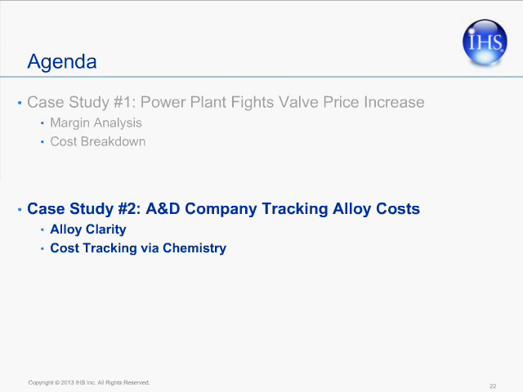And what we're going to show here is some of the ways you can do some cost tracking via chemistry, which is something that our tool, the alloy cost calculator, does off the shelf. It's just a nice way of pulling together all the various cost components of a given alloy to create a custom forecast, just because in many cases it's very difficult to get a hold of actual price data for alloys, just because they are generally fairly small markets compared to something like the overall carbon steel market, which is many, many times larger than the stainless steel market, for example.